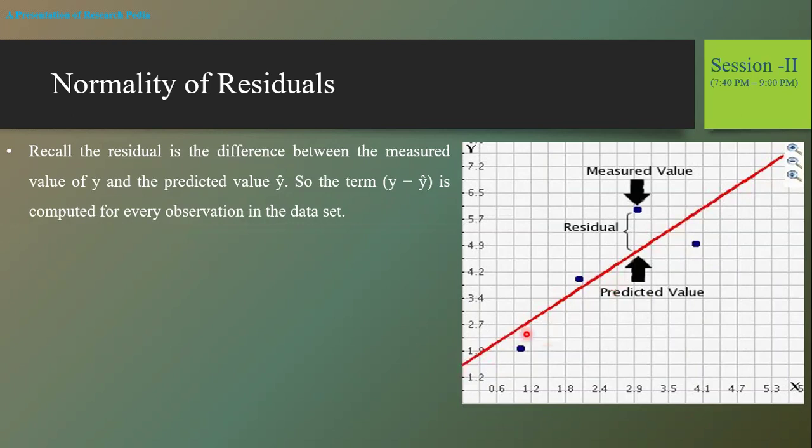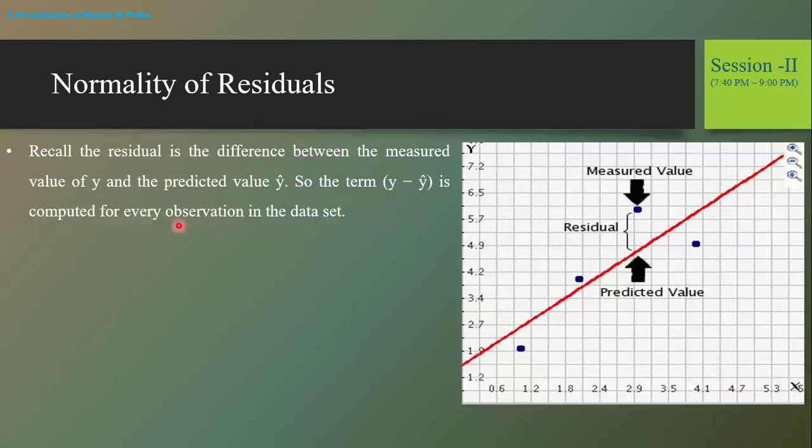The reference line or predicted line is considered your red line. So whenever you compare your actual data, meaning the data you have provided in your data set, with your predicted data, there may be some difference between actual and predicted data, and that difference is considered as a residual.